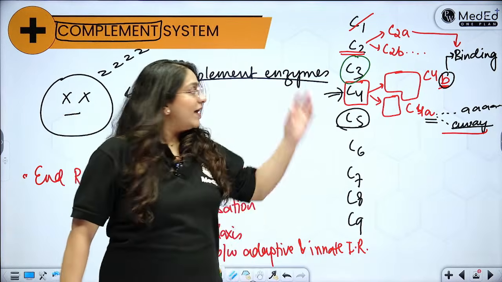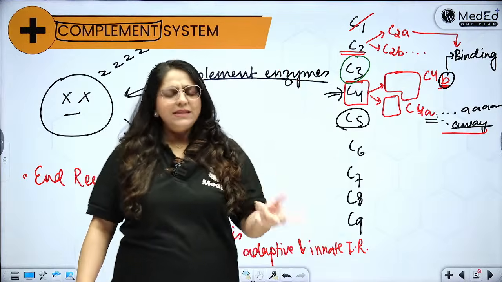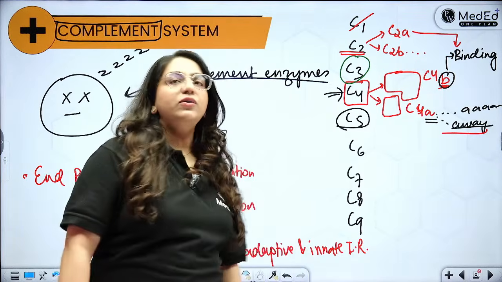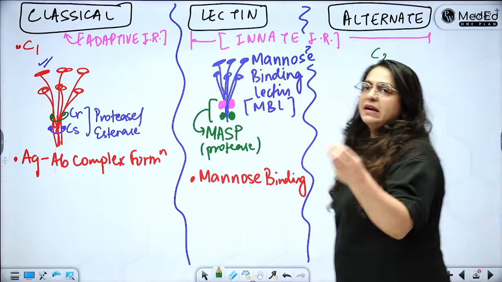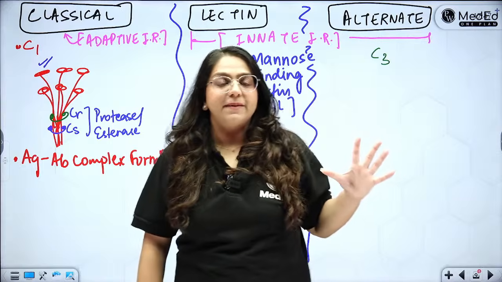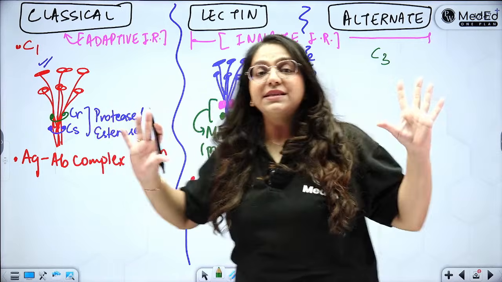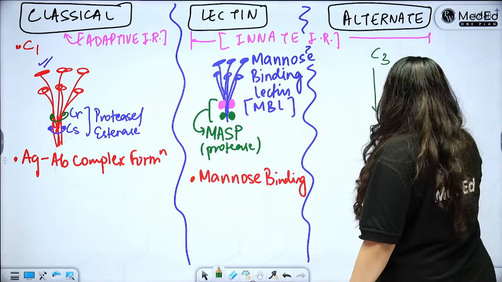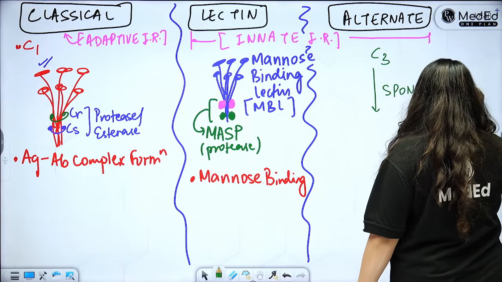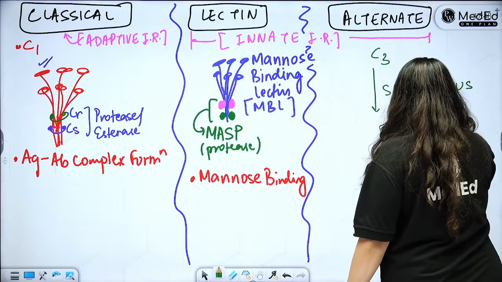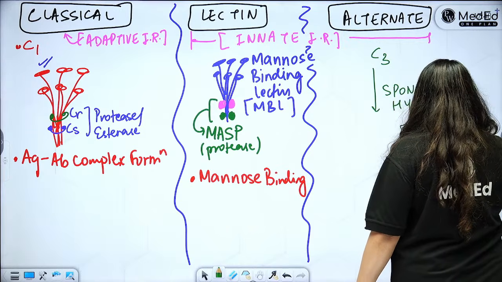So when the pathogen entered my body, C3 was also there, floating about inactive. Suddenly C3 realized that there is some virus, bacteria, fungus, some pathogen there. And the moment C3 sees any pathogen, it undergoes spontaneous hydrolysis, on its own.